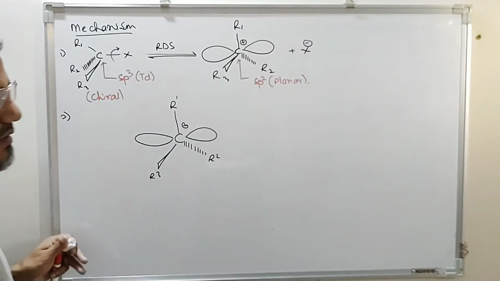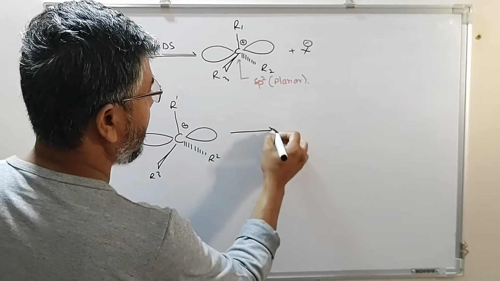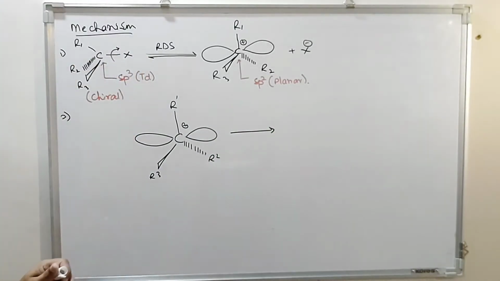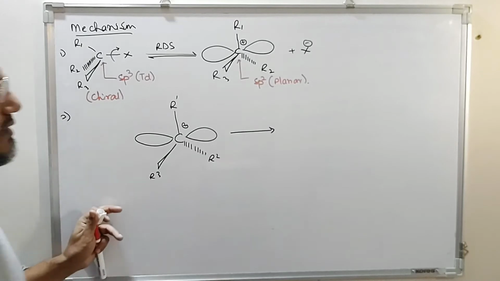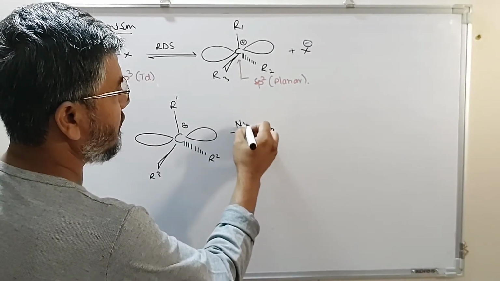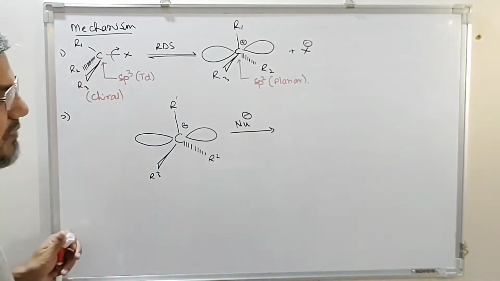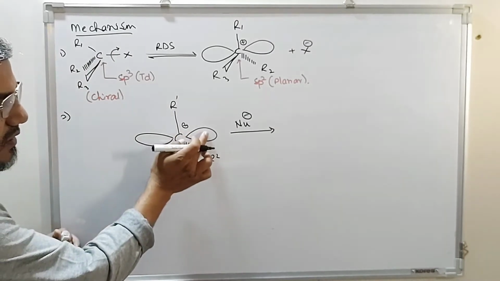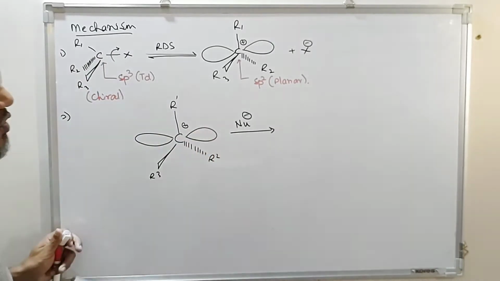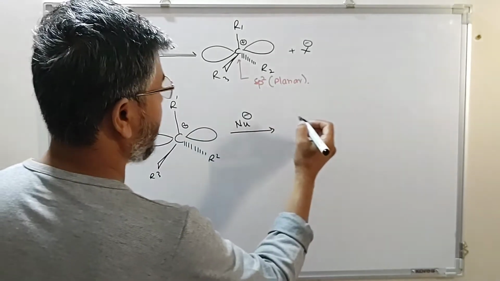Now this planar cation reacts with the nucleophile. This nucleophile may combine with this p orbital and give this product.